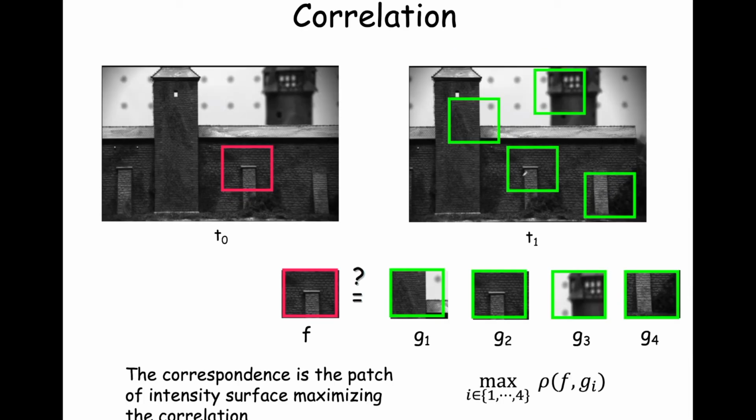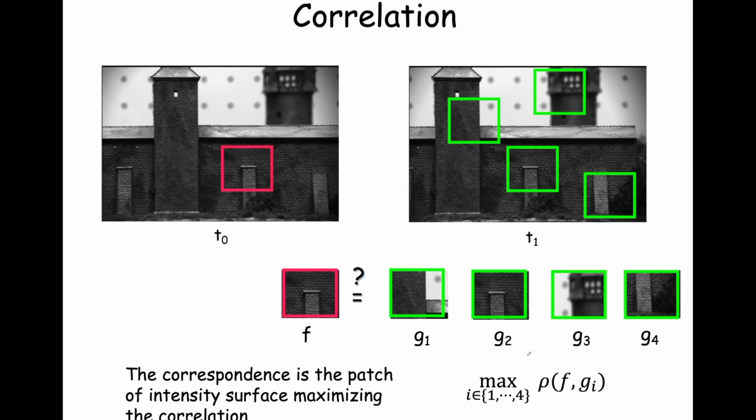And so now, as we said, going back to using correlation for the correspondence problem, the correspondence then is the patch of the intensity surface that maximizes this correlation. And so we're going to measure correlation. So there's our correlation, rho, for each one of these patches, G1, G2, G3, G4, and all the patch candidates in the image at time t1.